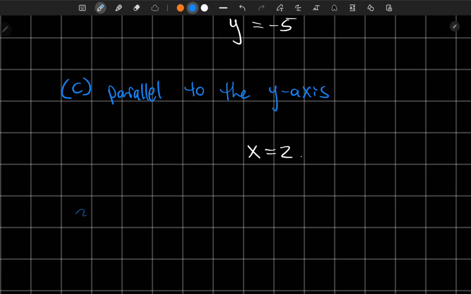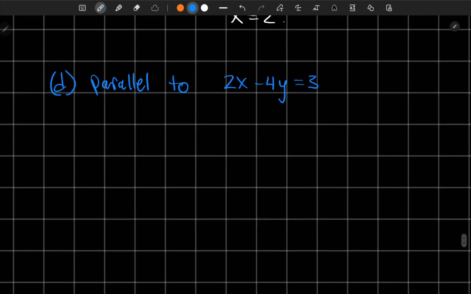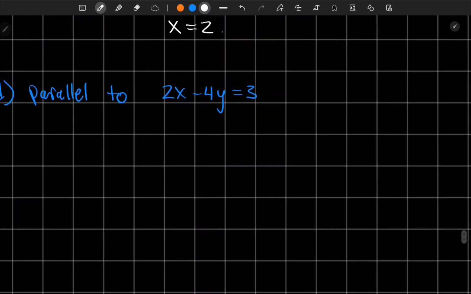Finally, suppose that we wish to find a line which passes through (2, -5) and is parallel to the line 2x minus 4y is equal to 3. Well, we first wish to rearrange this equation into a more familiar form.